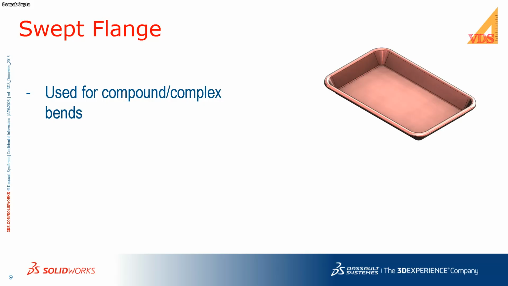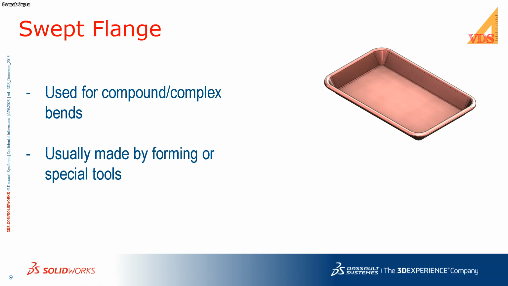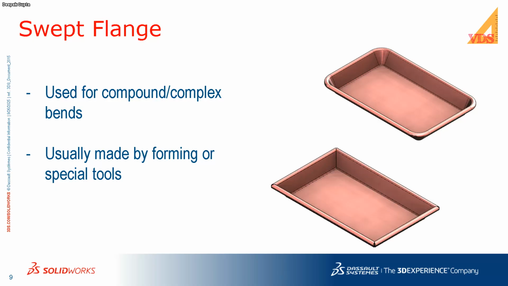Like we have a tray. If you want to create this rounded tray, you cannot use the standard sheet metal features. You will have to use the swept flange feature. And in manufacturing, we would either need some special tools or forming tools to create the actual physical parts made by swept flange.